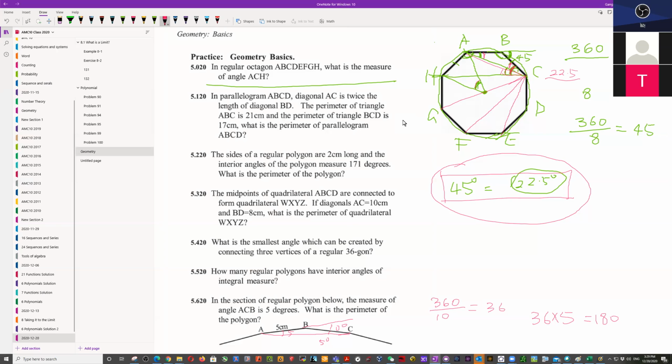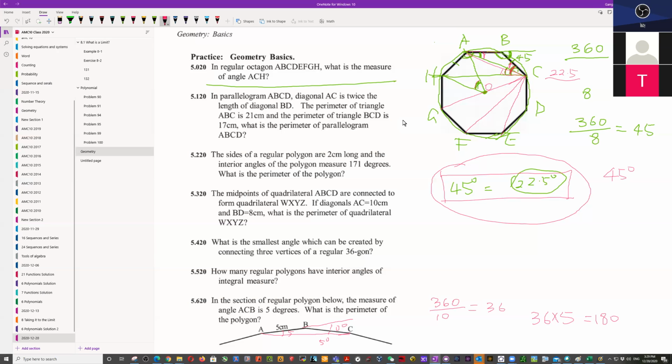For example, the center angle for every side is the same, 45 degrees, because it's a regular octagon.